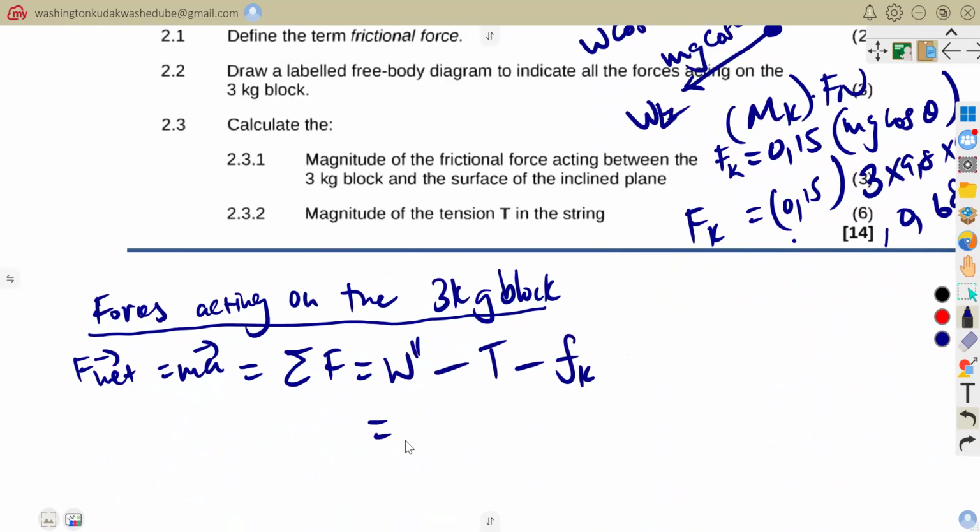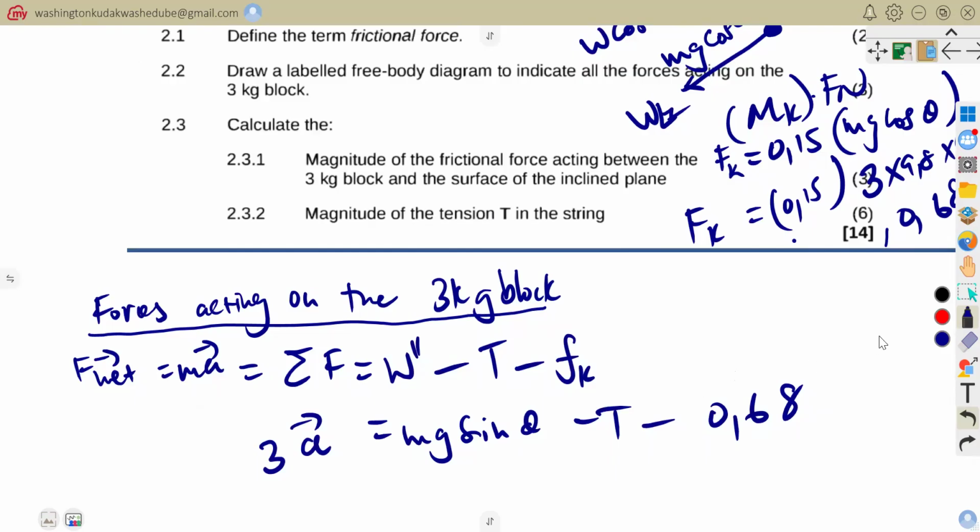This weight component is mg sine theta, minus my tension, which I do not know, minus my kinetic frictional force, which I've already calculated as 0.68. And here I've got a mass of 3 times an acceleration.